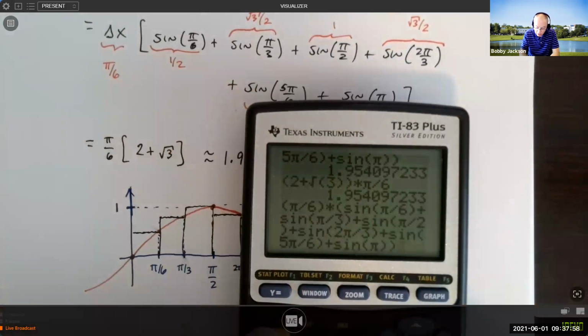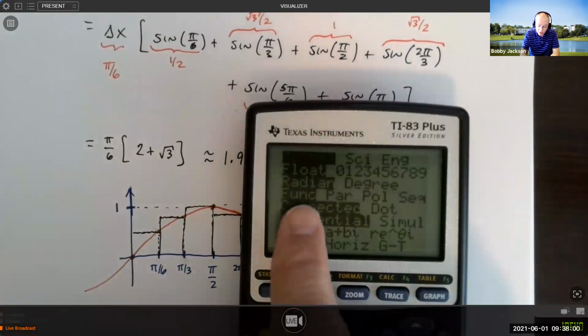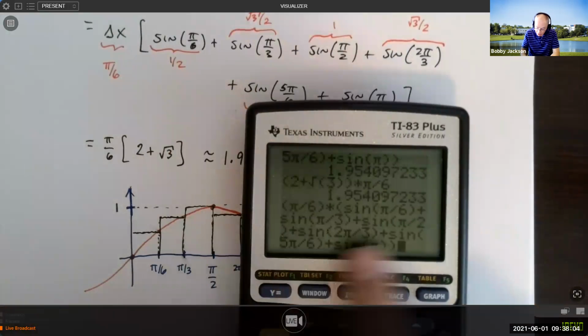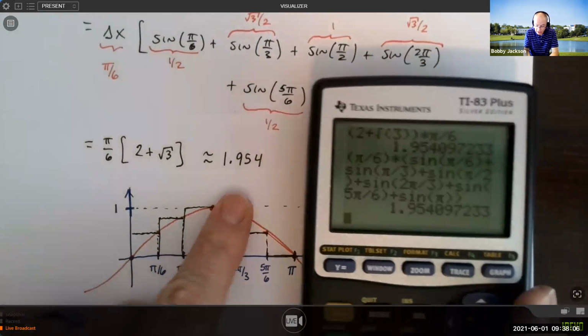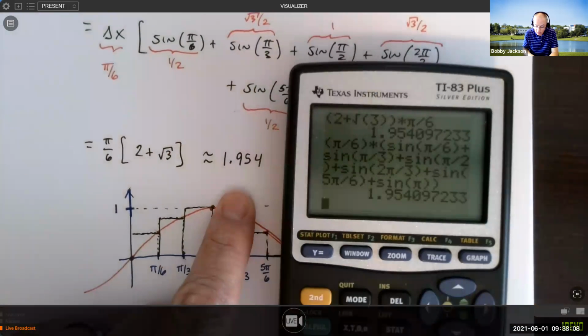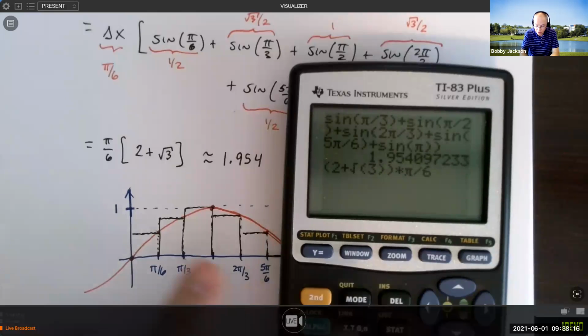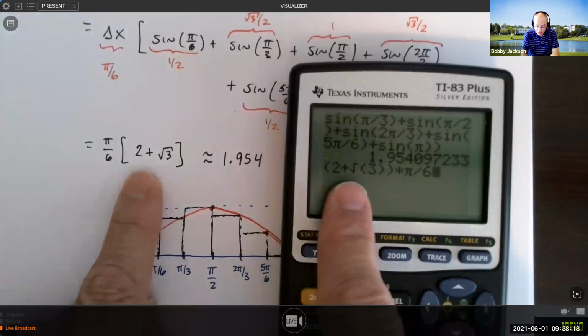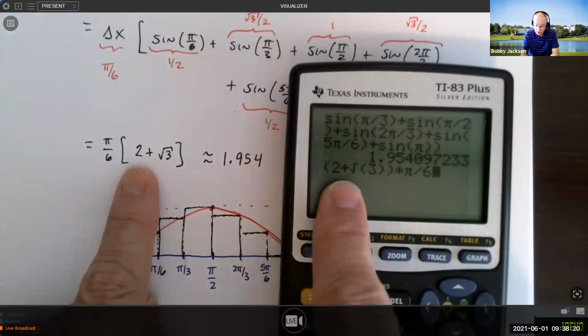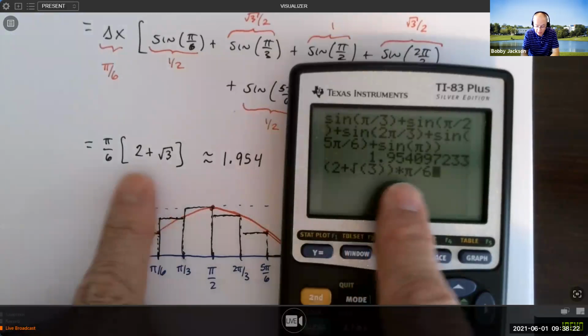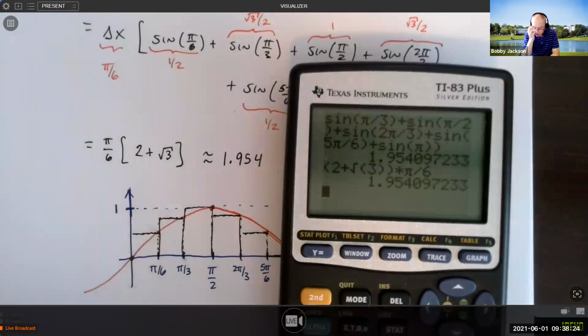Make sure that if you hit mode, you're in radian mode when we're dealing with trig functions, okay? So I did all that, and I get the same thing, rounded off, 1.954. And then if I just enter my simplified expression, reversing the order, 2 plus the square root of 3 in parentheses times pi over 6 gives me the same thing.